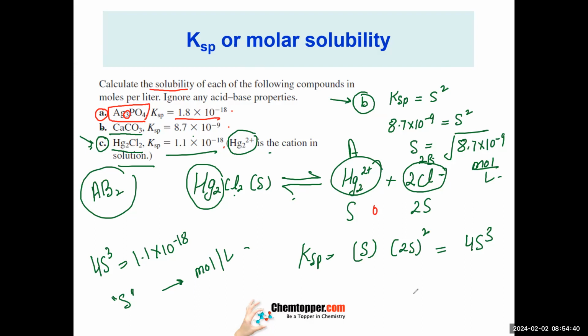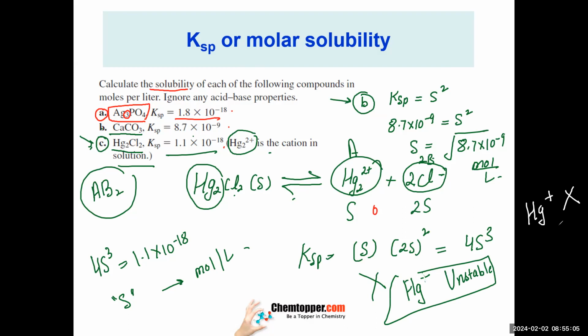Aditi, if you check my polyatomic ion list, Hg like this is very unstable. It's never like this. You can never see mercury with +1. It will never be in this form. Mercury +1 cannot exist.